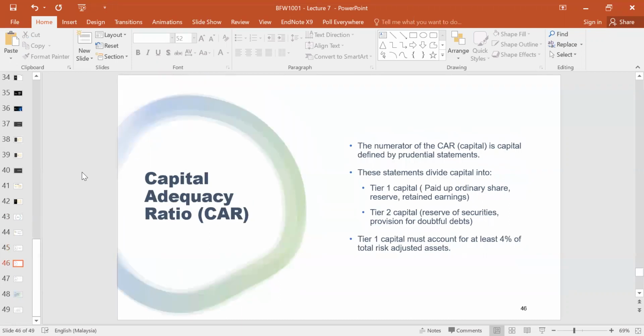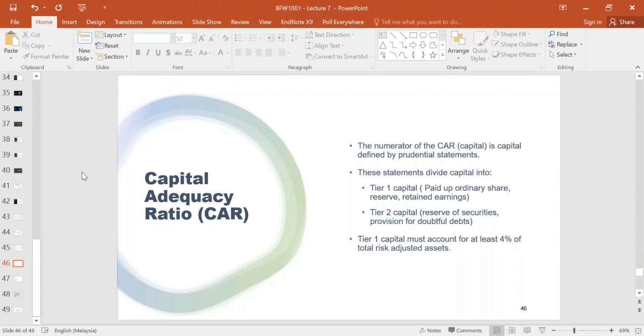So the name itself tells you that it's a ratio. There is a numerator and there is a denominator. Now the numerator for CAR is the capital, and the denominator is the size of the bank, that is the total assets. But we're not concerned with just the size of the asset, but rather the risky assets. So we're going to modify the assets according to their risk classifications.